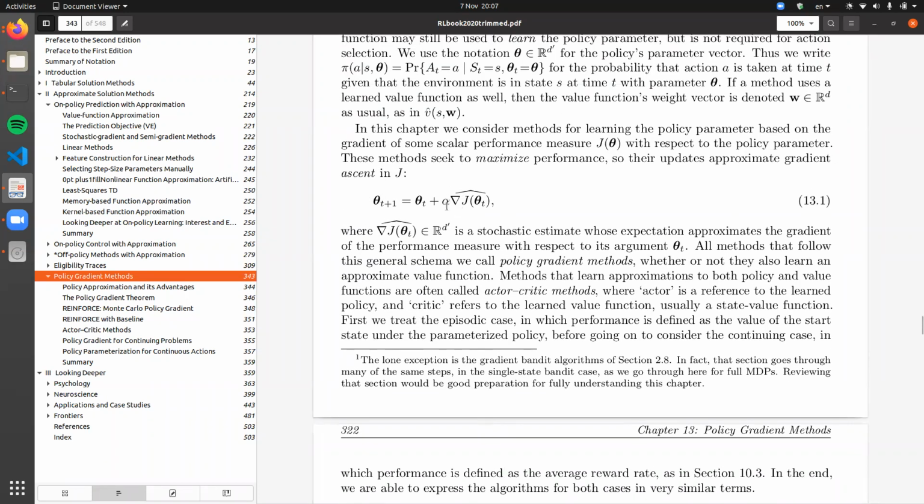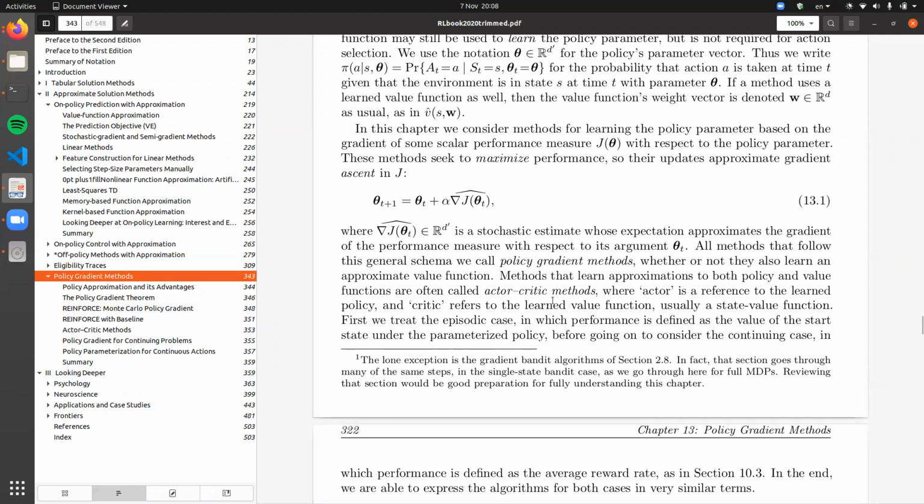By applying the gradient of that function, we could update our parameter, and as we will see, we can improve the performance.